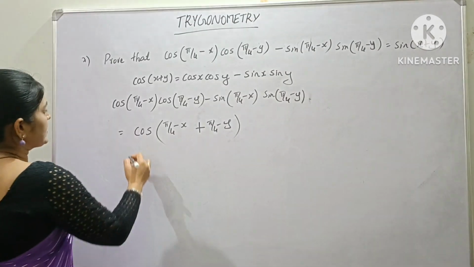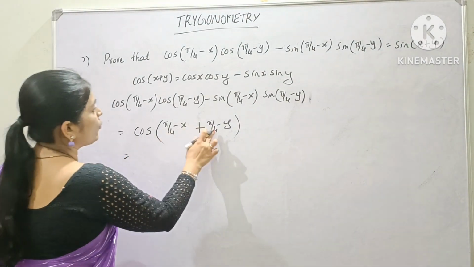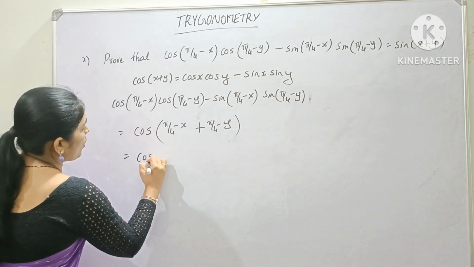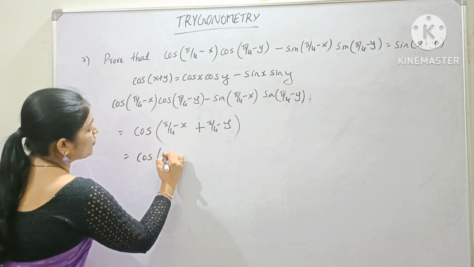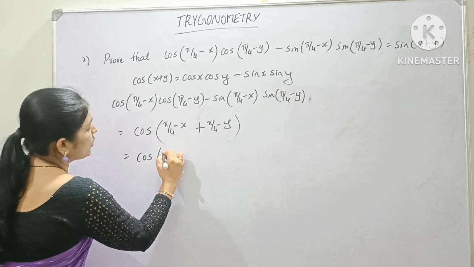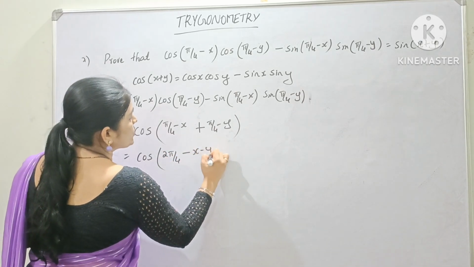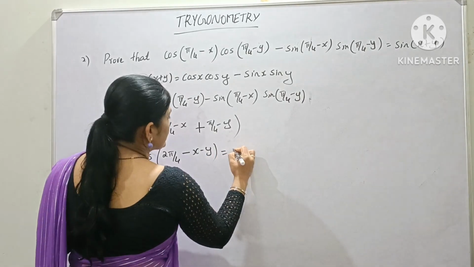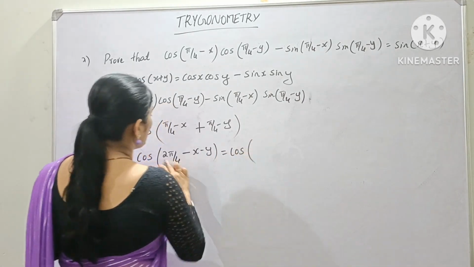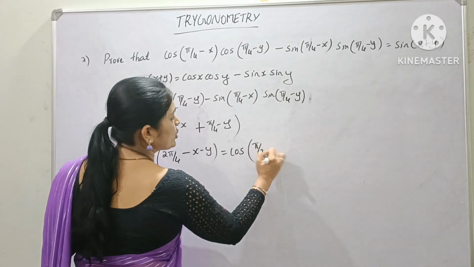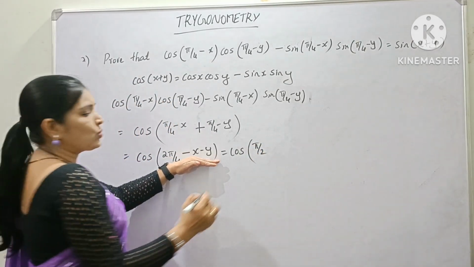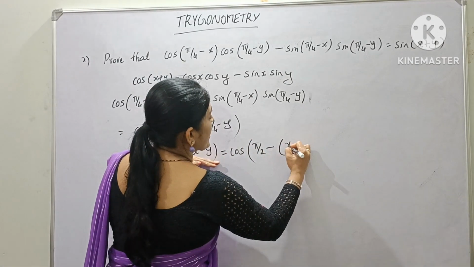That is cos of pi by 4 plus pi by 4, which is 2 pi by 4, minus x minus y. Cos of 2 pi by 4, that is pi by 2, take minus outside, minus of x plus y.